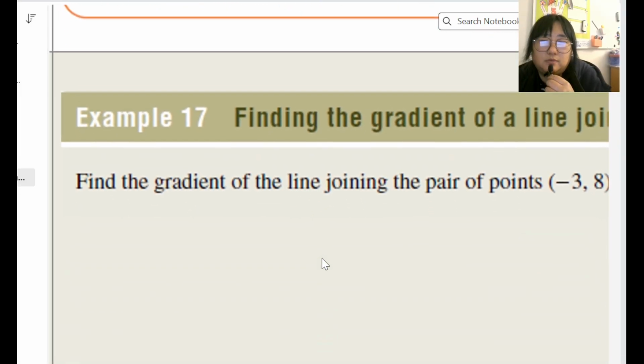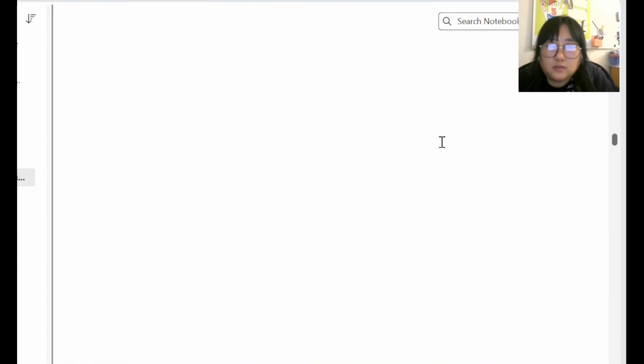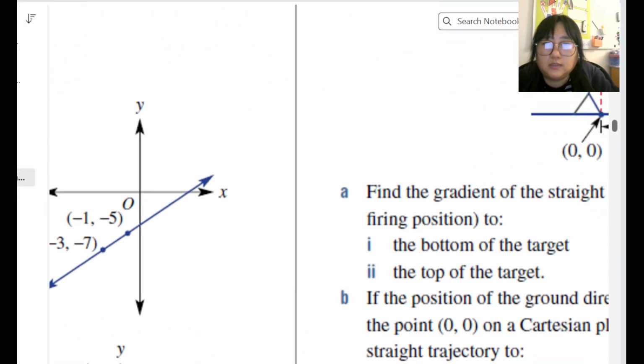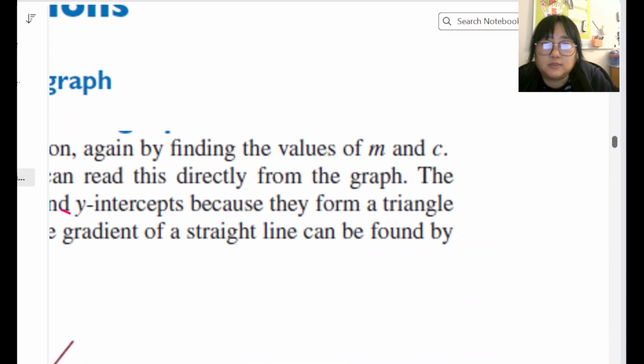Okay, now we have a look at our gradient formula. I hope you can take some notes and copy this down.